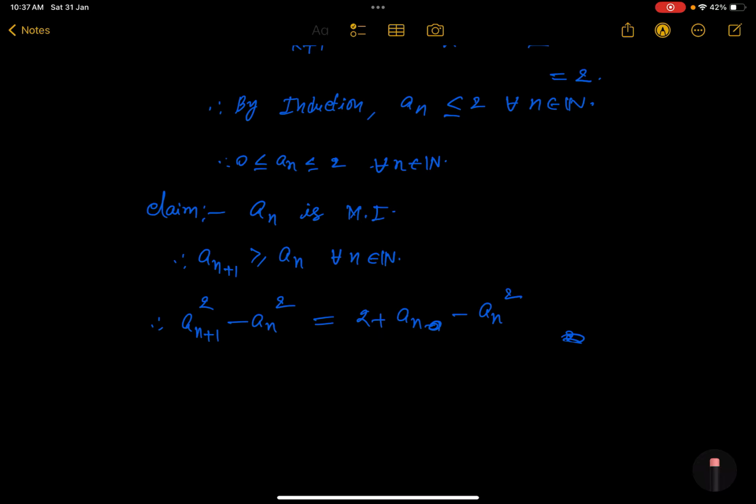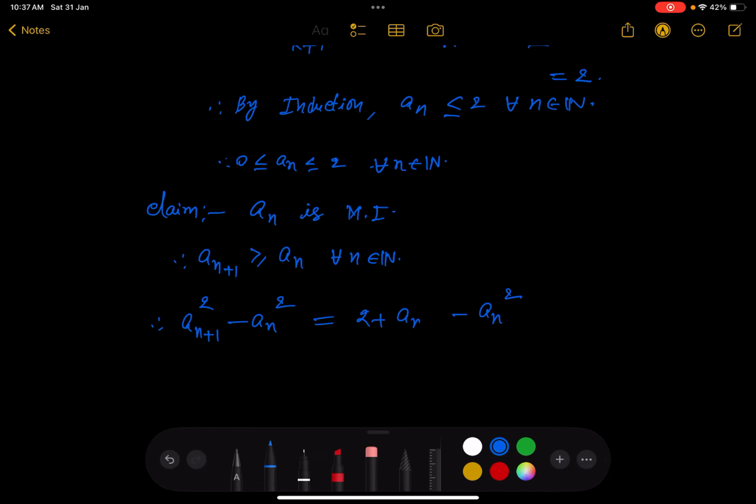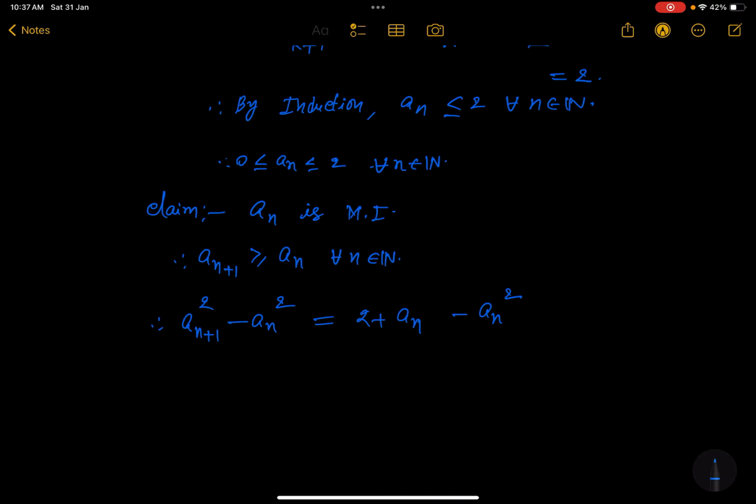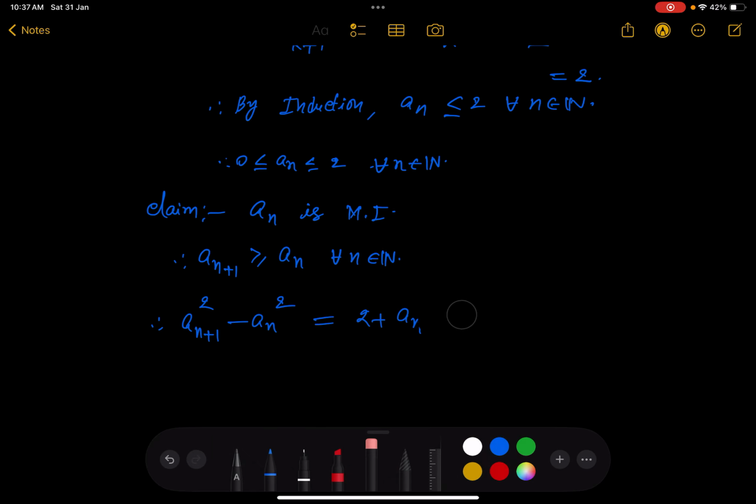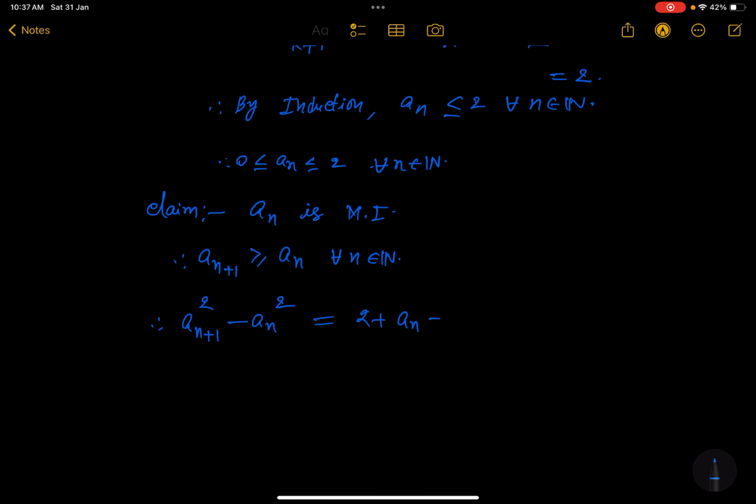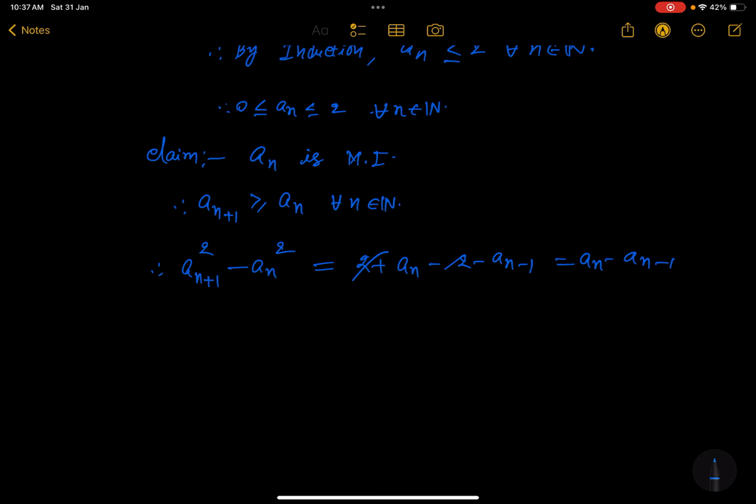Wait. So this is a_n minus a_{n-1}, right? Like this, yes. So that says that a_{n+1} squared minus a_n squared is equal to a_n minus a_{n-1}, right?